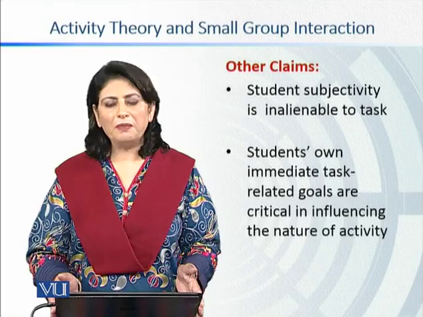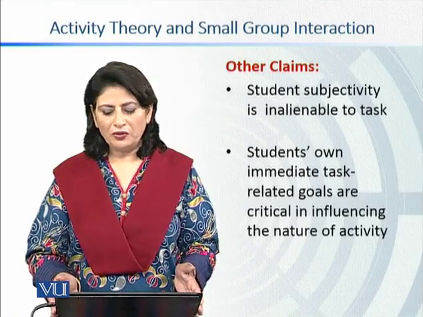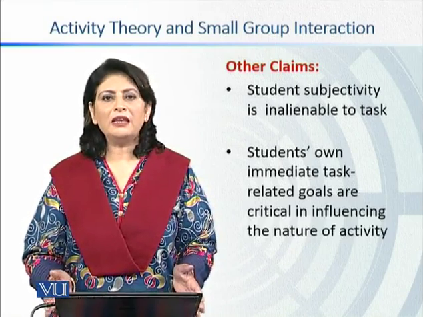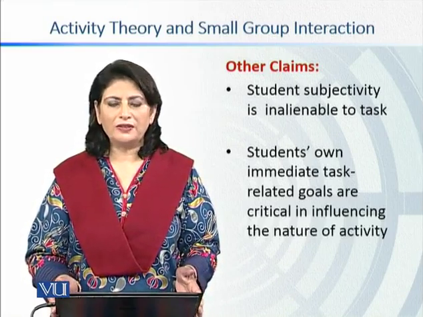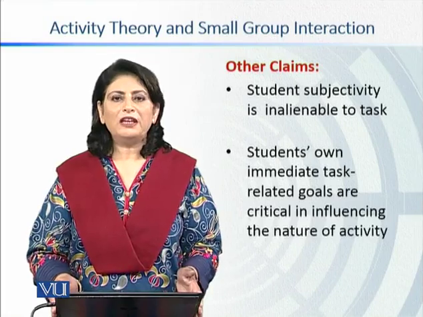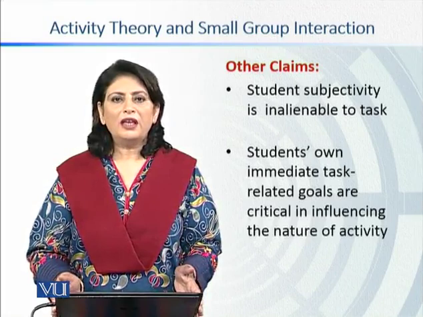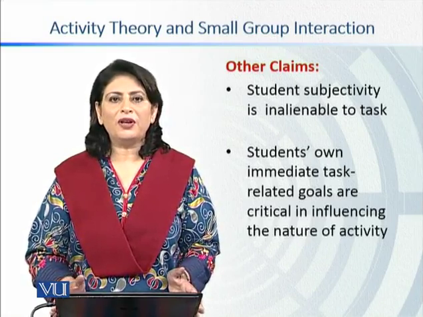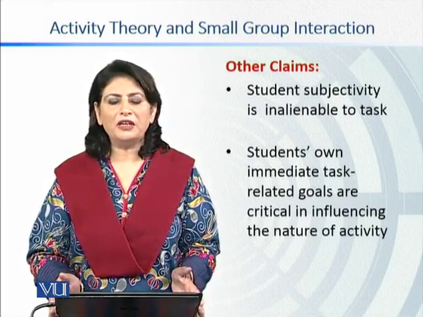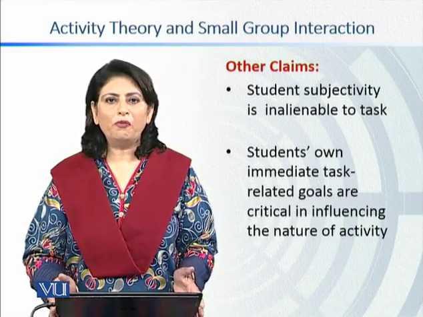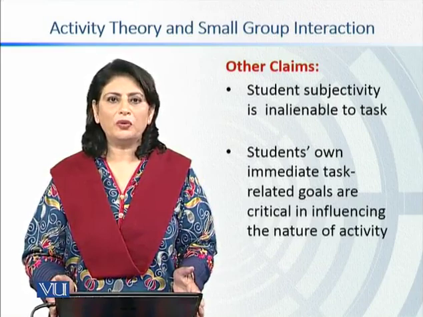So the claim made by activity theory is that student subjectivity is inalienable to the task. What does it mean? It means that the task given to the learner is transformed by the subjectivity, the understanding, or the involvement that the learner brings to it.